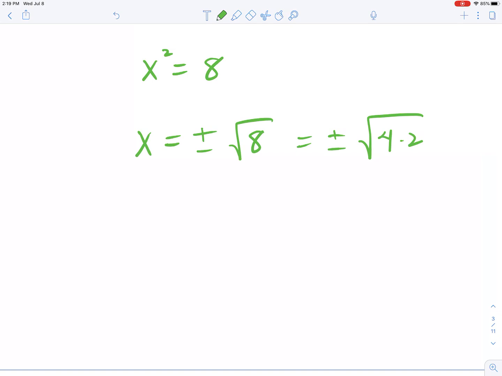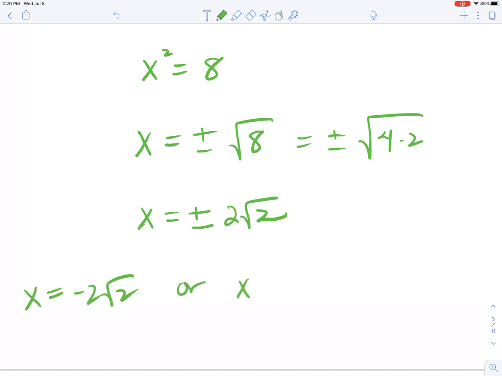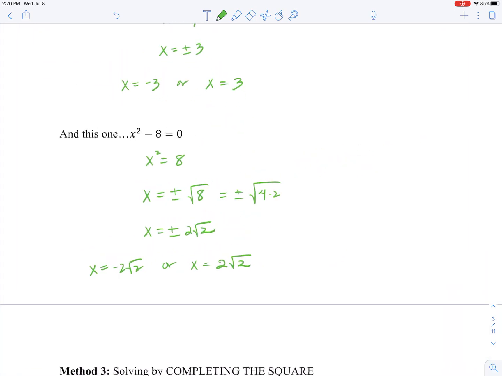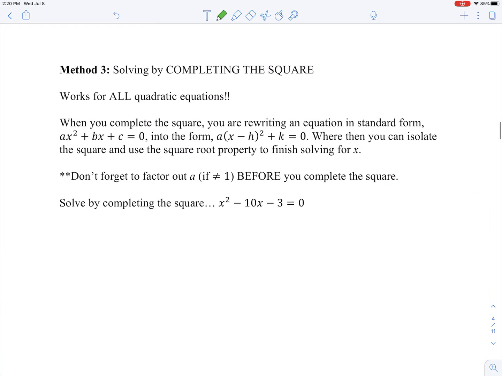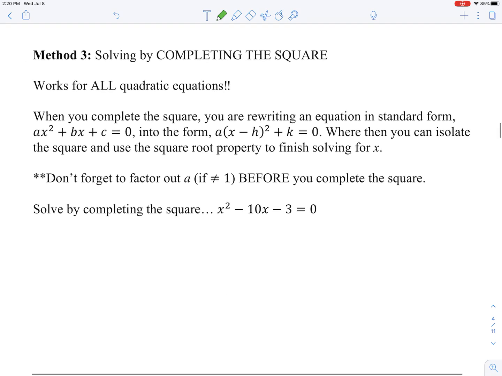But we can simplify the square root of 8, right? 8 can be rewritten as 4 times 2. And 4 is a perfect square. So this actually simplifies. I'm going to write this in a new line. The square root of 8 actually will simplify to be plus or minus 2 root 2. And that's x equals negative 2 root 2 or x equals positive 2 root 2.